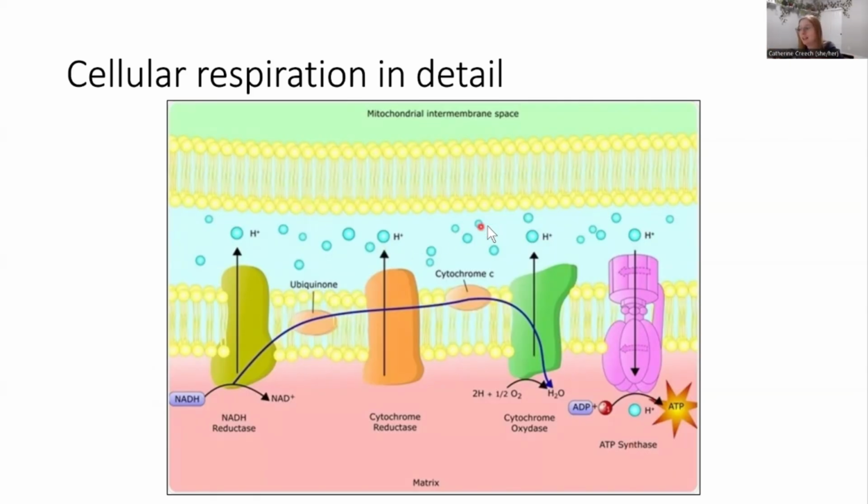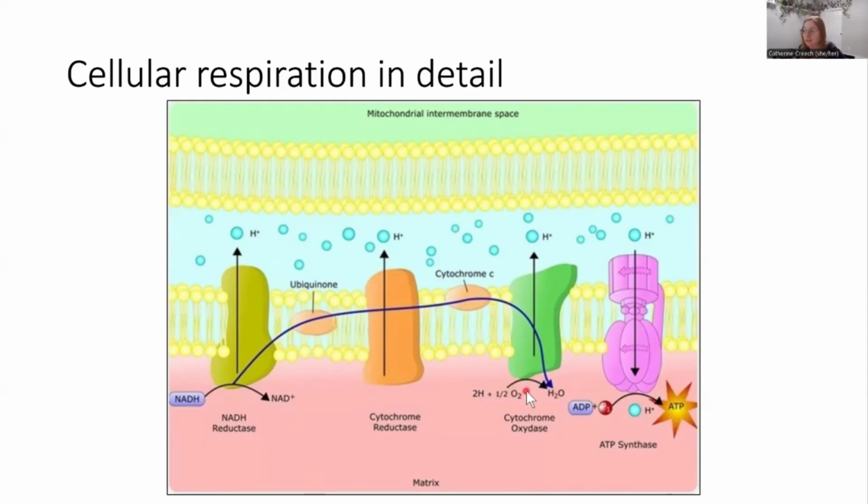So all of these hydrogen ions move through this enzyme, and every time they move through, it creates ATP. It will create a bulk 34 to 36, sometimes 32 ATP per glucose molecule, which is where we get the bulk of our ATP for our cells.